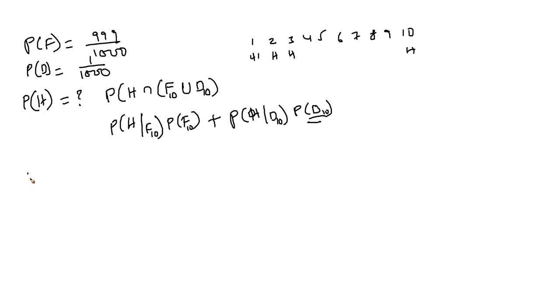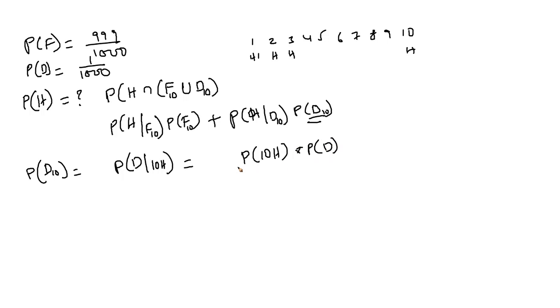So that is our first task, which is to compute the probability of D10, which is nothing but the probability that the coin is double-headed given 10 heads, right? So this is nothing but the probability of 10 heads given D times the probability of D, divided by the probability of 10 heads.